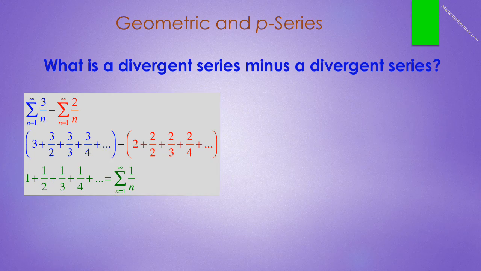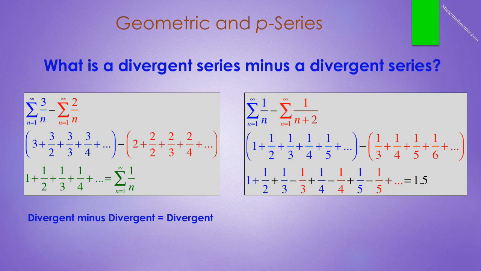And we know that to be a harmonic series. 2 over n is also harmonic. 2 plus 2 over 2 plus 2/3 plus 2/4, etc. If we do the subtraction, we get 1 plus 1/2 plus 1/3 plus 1/4 plus dot dot dot, which is summation n equals 1 to infinity of 1 over n. And that makes sense. 3 over n minus 2 over n is simply 1 over n. So in this case, a divergent series minus a divergent series also is a divergent series.